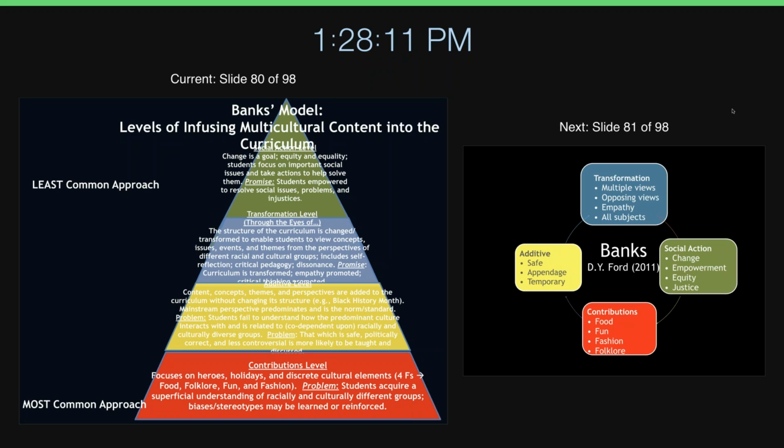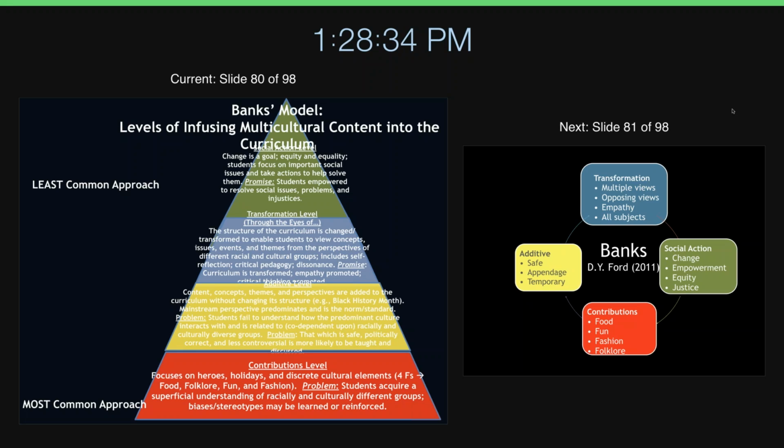Okay, so contributions level, I want to give you 4 words to remember so that you can recall what this level is. The 4 words are food, fun, fashion, and folklore. We call them the 4 F's.